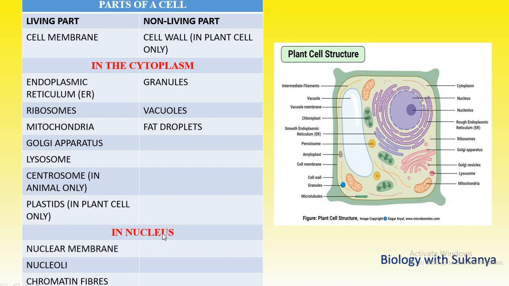Inside the nucleus, we have living parts: nuclear membrane, nucleoli and chromatin fibers. There are no non-living parts inside the nucleus. Now let us discuss each cell organelle one by one.